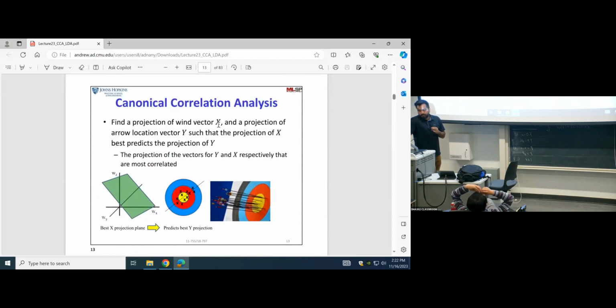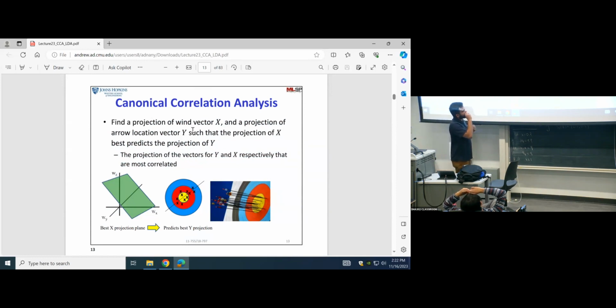So this is where CCA comes in. We want to find a projection of wind vector x and a projection of arrow location y, so that we can predict the projection. And what this is trying to do is we're trying to capture the cross correlation between x and y, right? It's not just like we're predicting y from x.